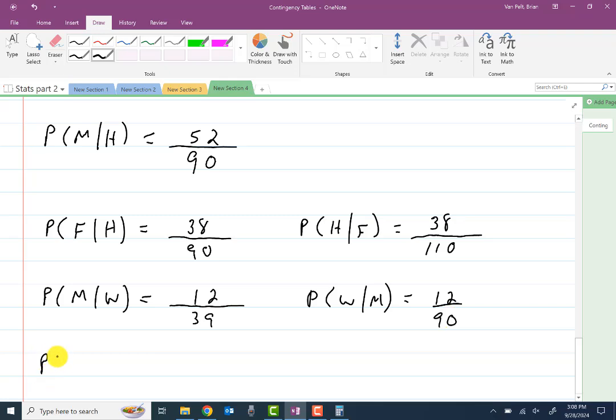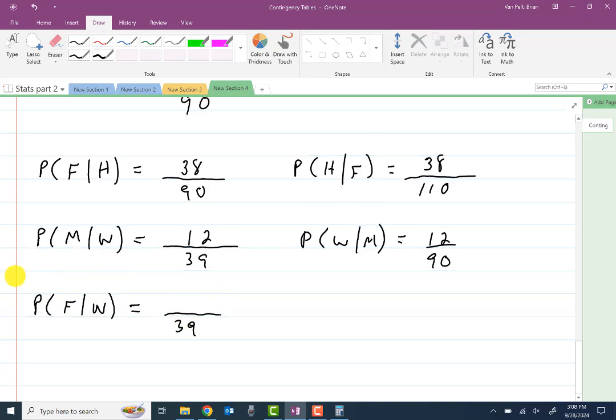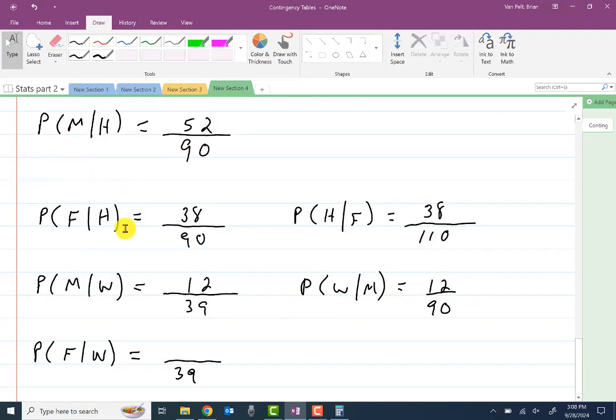And then finally, the last possible combo I think I can do, probability of female/wooded. Here, we know the denominator for the wooded is 39. Of those 39, how many were females? Actually, you know what? I can tell just from here, if I take 39 minus 12, the other has to be 27.